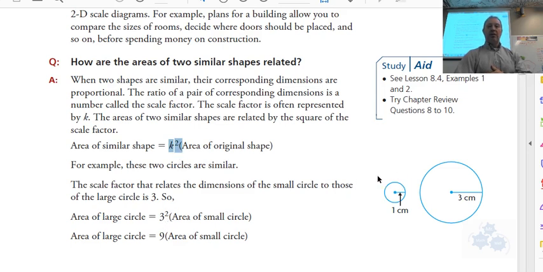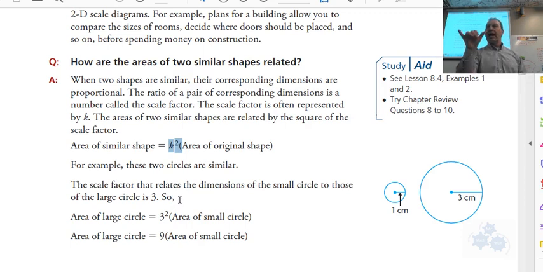That means if this area right here, so pi r squared, the area is pi. Pi r squared is the area of a circle. So pi times 1 squared is pi. That's the area of this circle. The area of this one would be pi r squared, or pi times 3 squared, which would be 9 pi. So the factor between pi and 9 pi is 9, which is 3 squared.